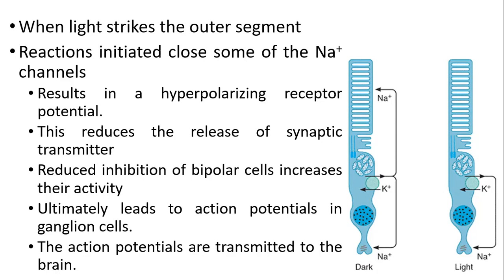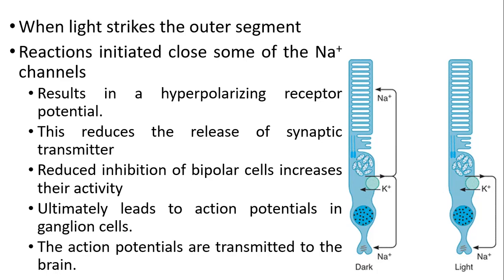So when less glutamate is released, caused by closure of sodium channels, which is caused by light hitting the outer segment, it results in reduced inhibition of the bipolar cells, causing them to become more stimulated, ultimately leading to action potentials going to the ganglion cells. The action potentials are then transmitted to the brain via what we call the optic nerves.